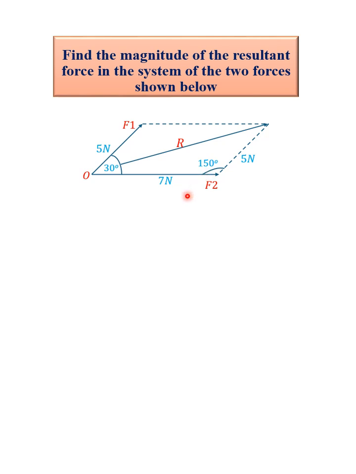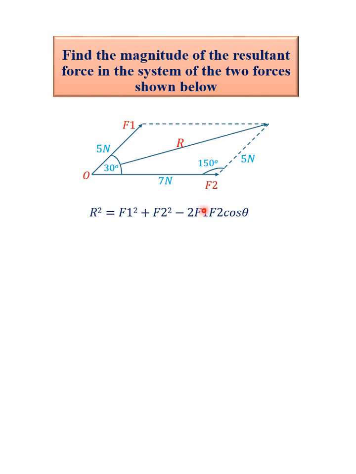So we are just going to write the cosine rule equation. From this triangle ORF2, the resultant R square is equal to F1 square plus F2 square minus 2 F1 F2 cos theta, where theta is the included angle here. So this is the cosine rule.